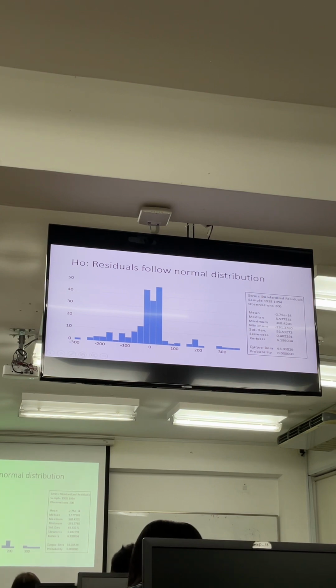This is proposed by Jarque-Bera. The Jarque-Bera statistic is 93.035, with a p-value of 0.00. You can compare it with the chi-square distribution with 2 degrees of freedom, 5.99 at 5%. So it's significant at 5%, so it's going to reject the null hypothesis. Rejecting the null hypothesis, I can say that the residuals do not follow the normal distribution.